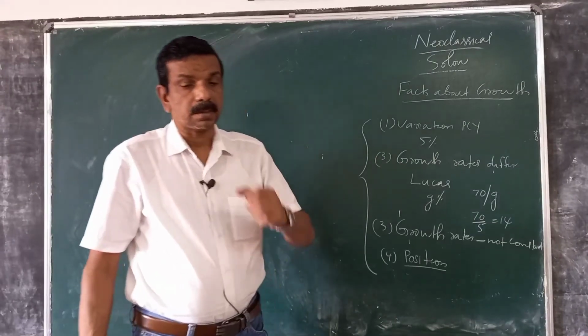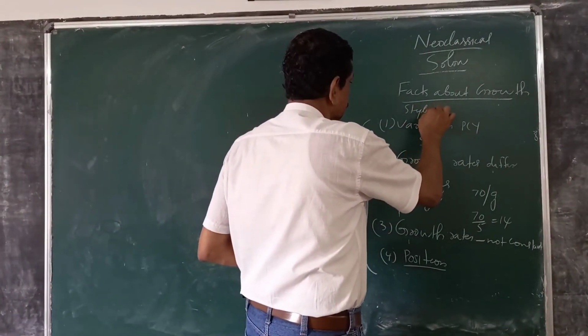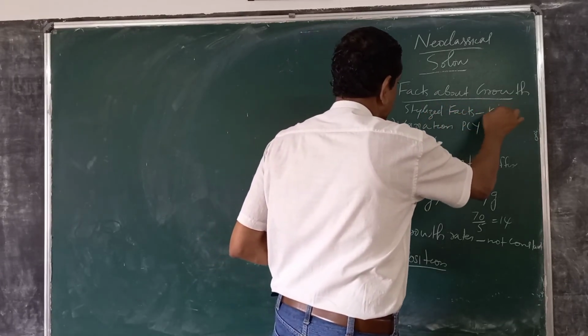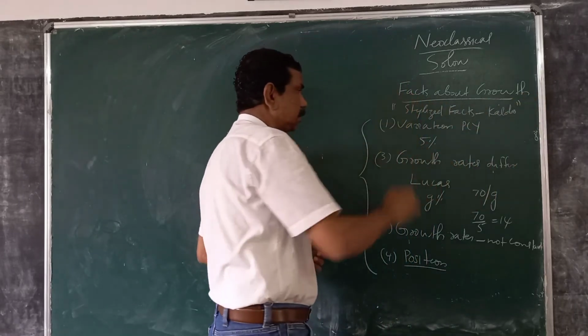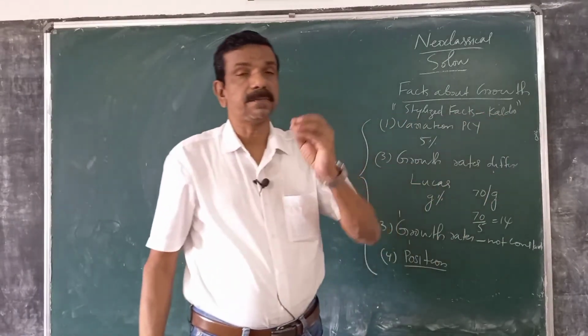So these are the empirical facts observed in the real world. Actually, these are known as the stylized facts, introduced by Kaldor. So any growth theory is supposed to explain these stylized facts.